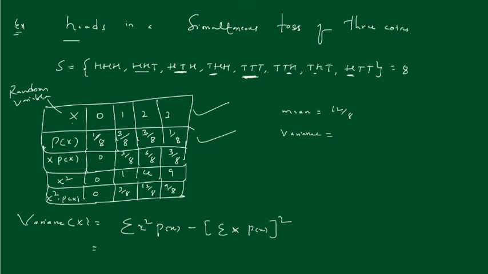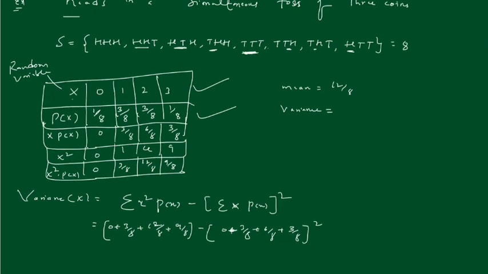Let's see. X square px value, summation of 0 plus 3 by 8 plus 12 by 8 plus 9 by 8, minus summation x into px, 0 plus 3 by 8 plus 6 by 8 plus 3 by 8, whole square.